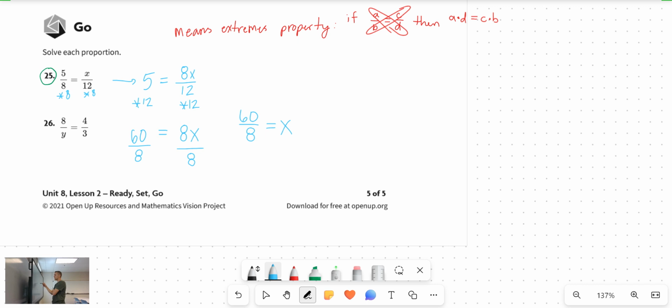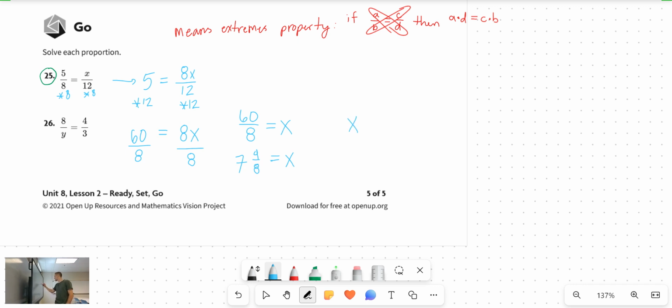So this is really 7 and 4/8, if we take out 8s again and again. 60 divided by 8 is 7 plus another 4, so 7 and 4/8 equals x. 7 and 4/8 is just 7.5.